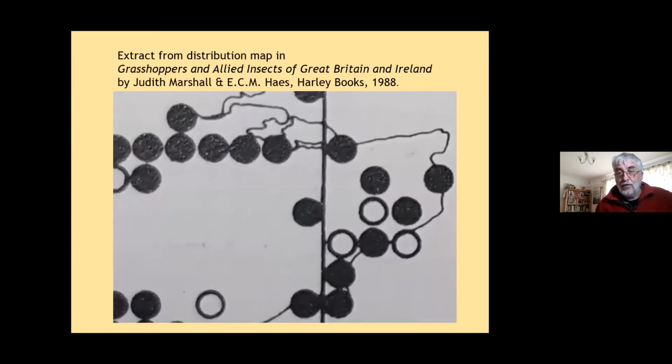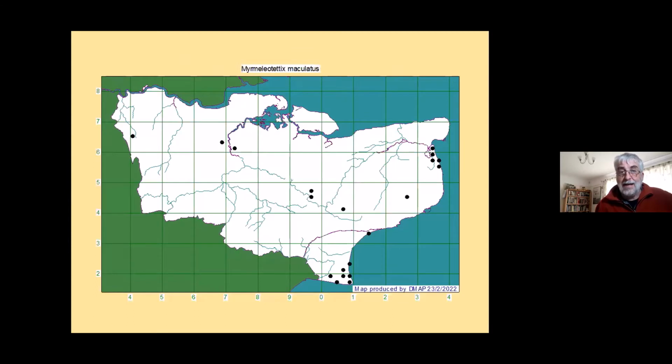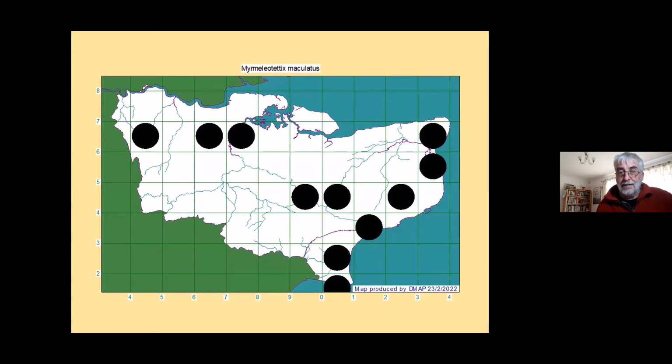Even if I turn my records into hectads, so if I go back to that map again, which is based on tetrad records, and turn those into 10k squares, those are the dots which I would have.